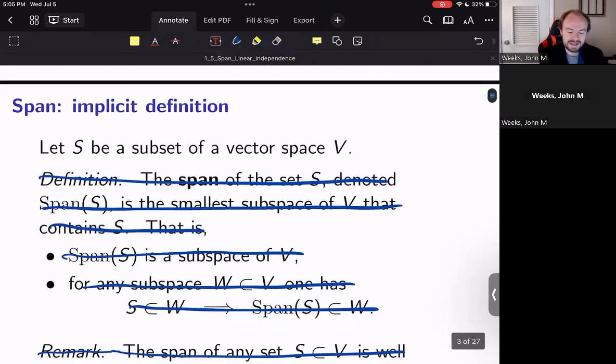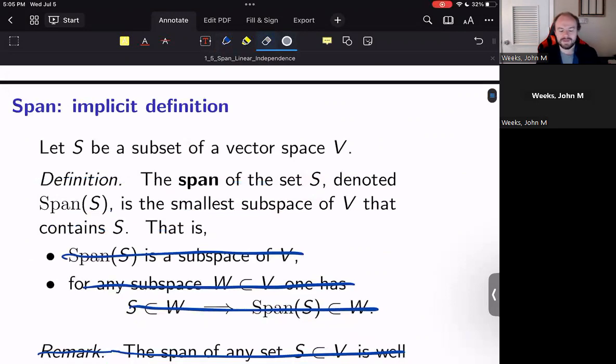By the way, this is the thing that is defined to be the span of a set S. We'll define it a slightly different way, though. We're going to define the span of a set S to be the smallest subspace of V that contains S. What we mean by smallest is, first, that the span of this set, which we'll refer to as span S, is indeed a subspace.